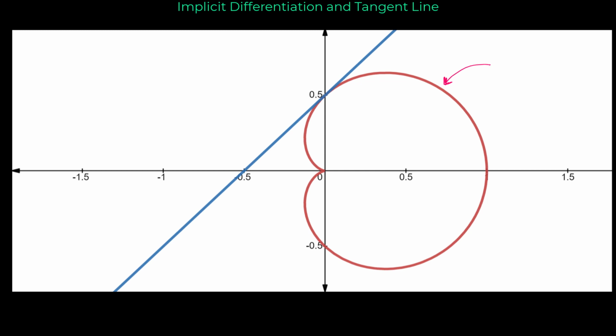The name of this curve is cardioid. So the given relation in the question was the equation of a cardioid. And this line here is the tangent line at the point (0, 1/2). As you can see, it's tangent at the point of tangency.